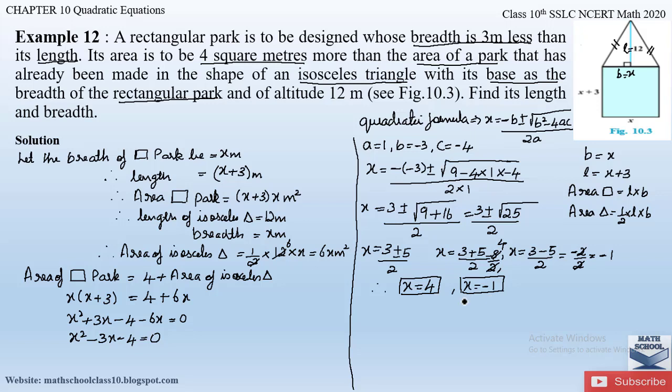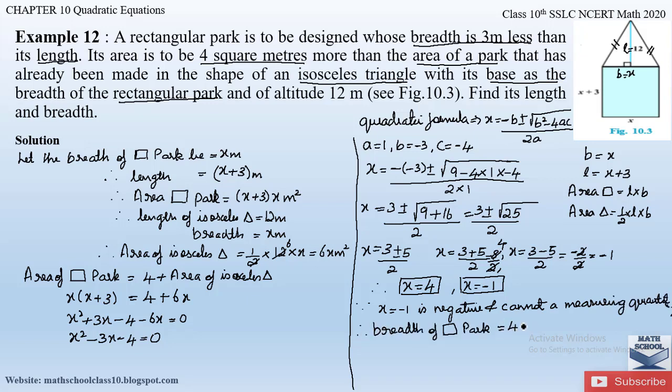Now what have we assumed x as? x is the breadth of the rectangular park. Since this is a measuring quantity, we cannot take the negative value, so we have to take x is equal to 4. Let us write down, since x is equal to minus 1 is negative and cannot be a measuring quantity, therefore breadth of the rectangular park is equal to 4 meters.